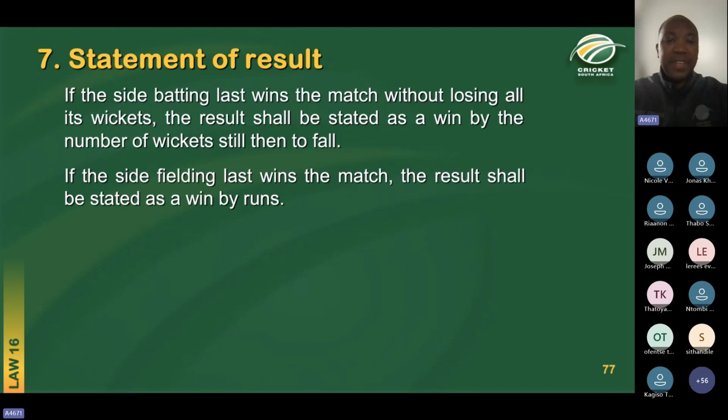If the side fielding last wins the match, the result shall be stated as a win by runs. So we saw last week that India won the final T20 international against South Africa by a mammoth 134 runs, if I'm not mistaken.